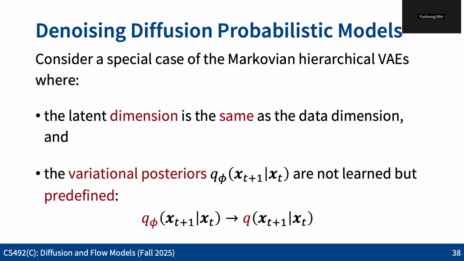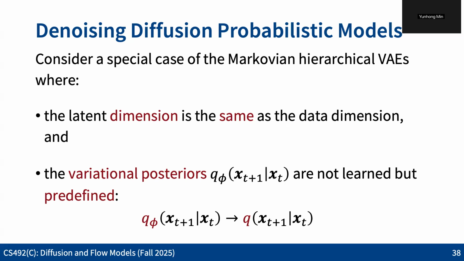And one more thing, because this is the key part. The problem with the VAE was that we are jointly training both the variational posterior and the decoding network, right? Now we are not going to learn the variational posterior. We are going to use a predefined variational posterior distribution.